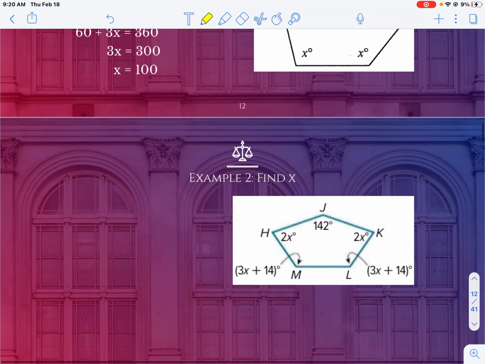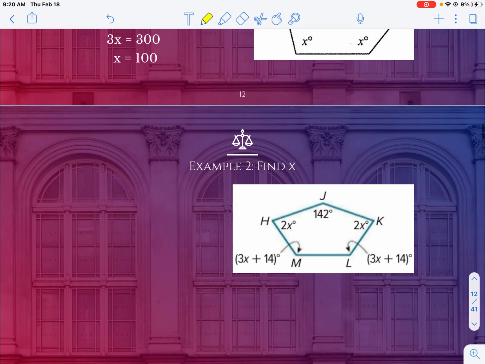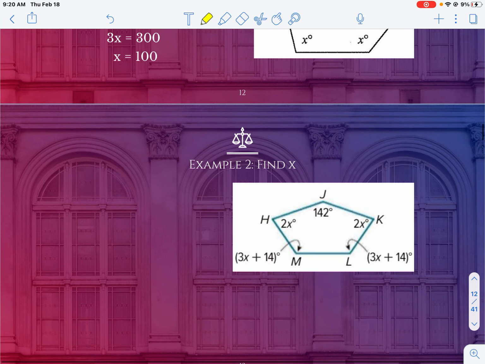Now, example 2. Find x again. Again, I have interior angles and I want to know what x is, so I can use the polygon interior angle sum theorem.